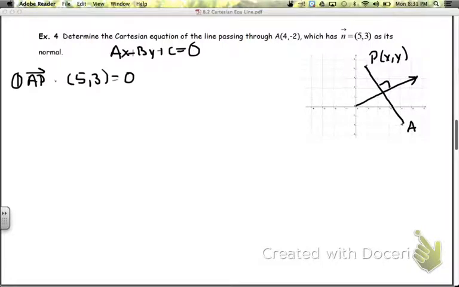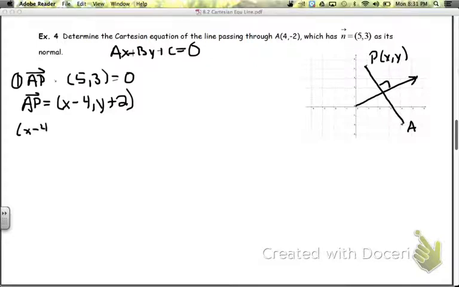So that's talking about the dot product between the two, and we don't know what AP is. So to find AP, we can say this is equal to (x minus 4, y plus 2), just from our knowledge of how to find the vector itself. So therefore, we're going to find the dot product between AP and (5, 3).